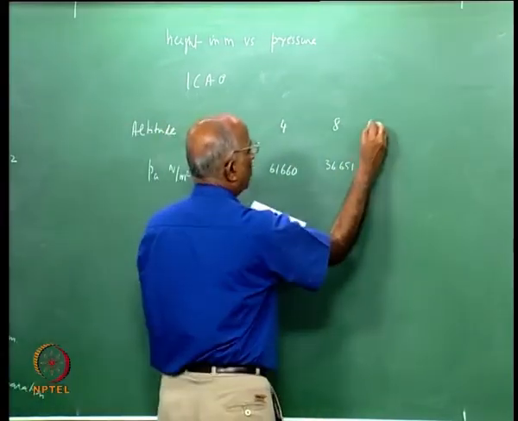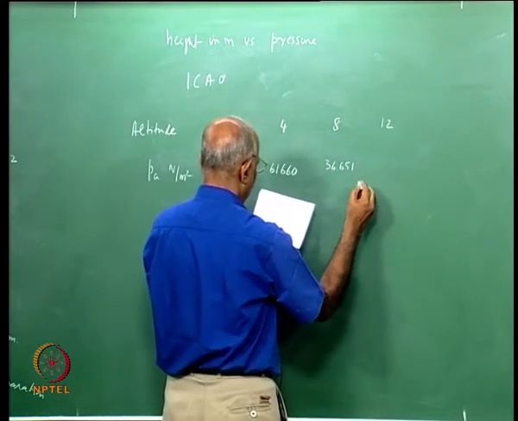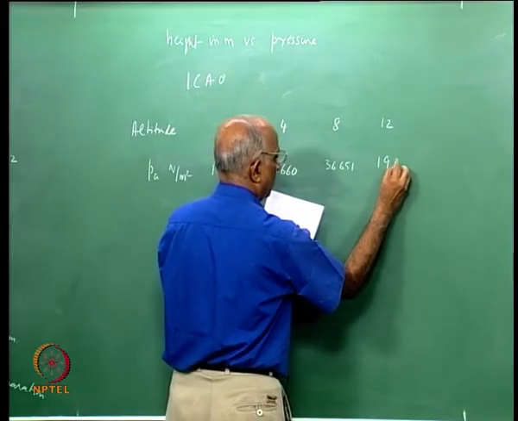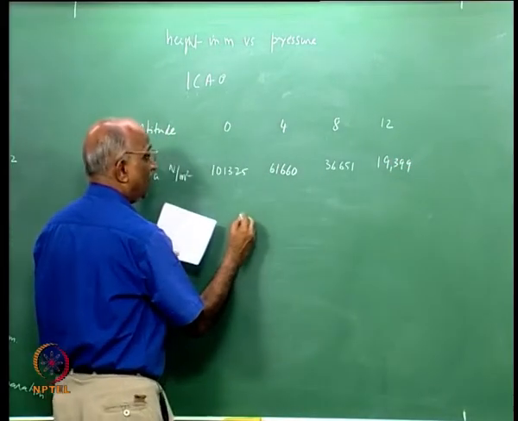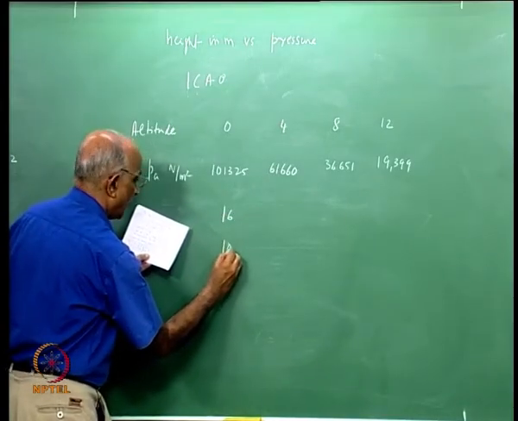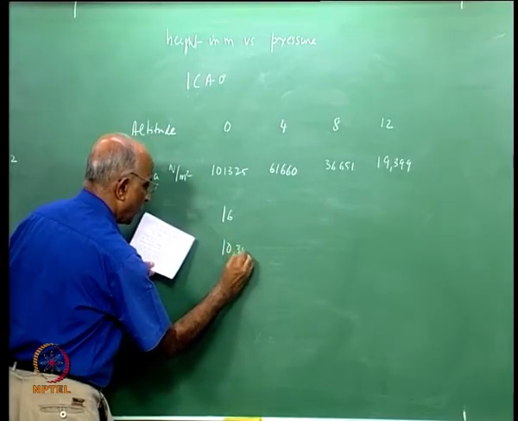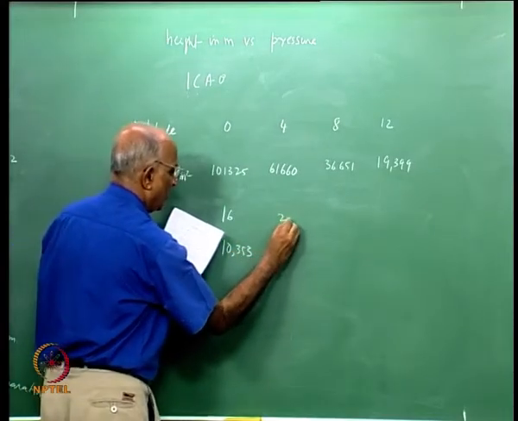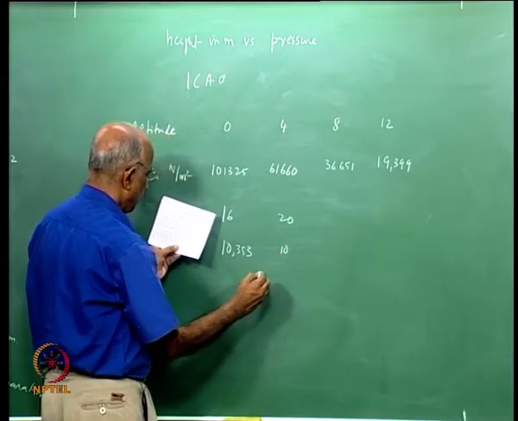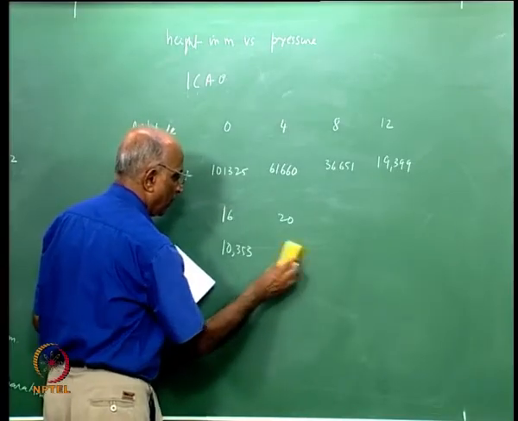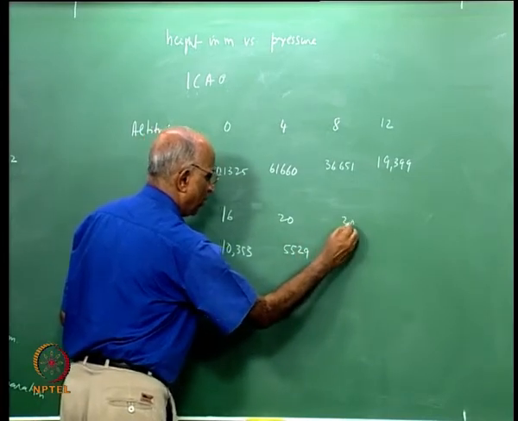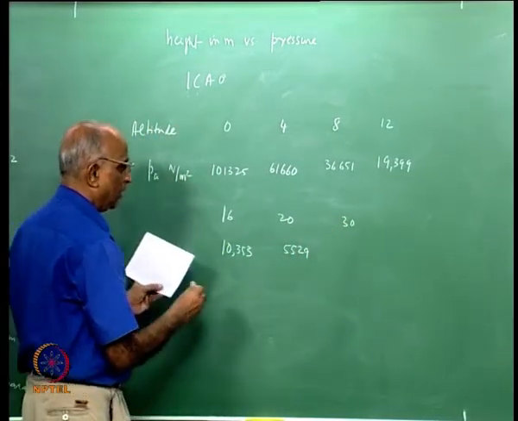Let us put 2 or 3 more. At 12 kilometers, the value is 19399. At 16 kilometers, it is 10353. At 20 kilometers, it is 5529, and at 30 kilometers, the pressure is equal to 1186.